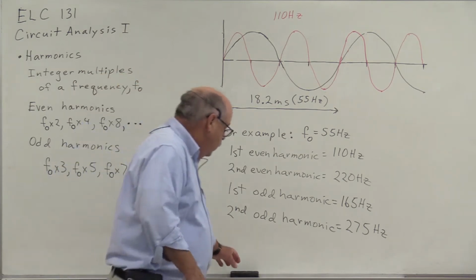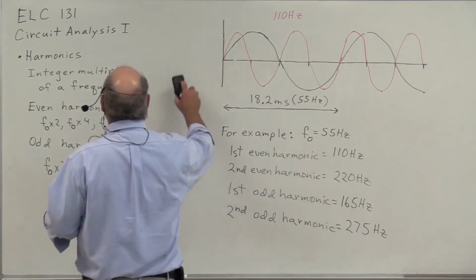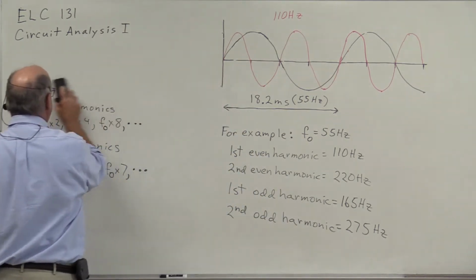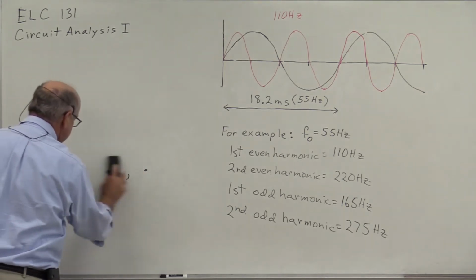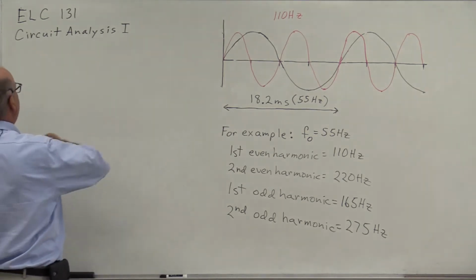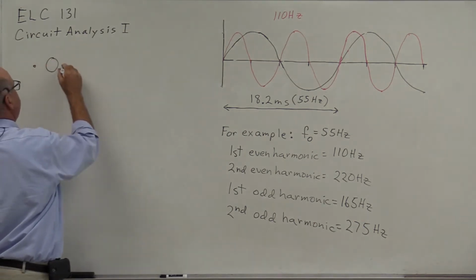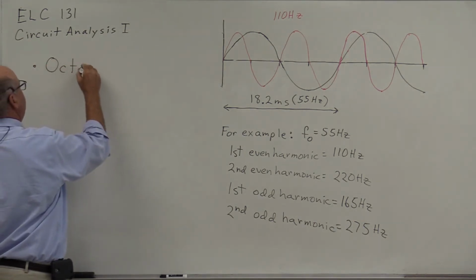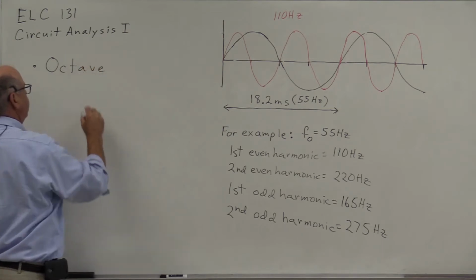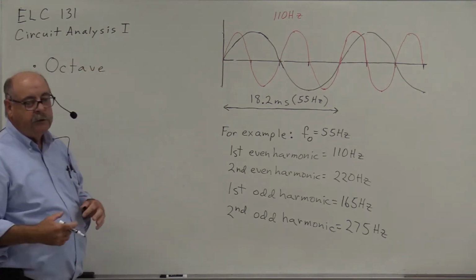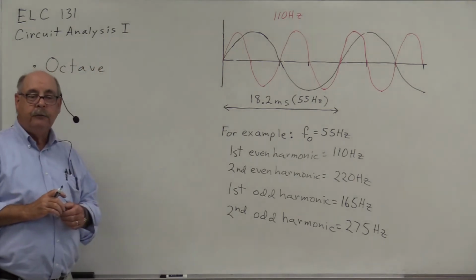Now, when we talk about changes in frequency, we're going to use 2 terms here to talk about the change in a frequency from a fundamental frequency. And the first term is the octave.